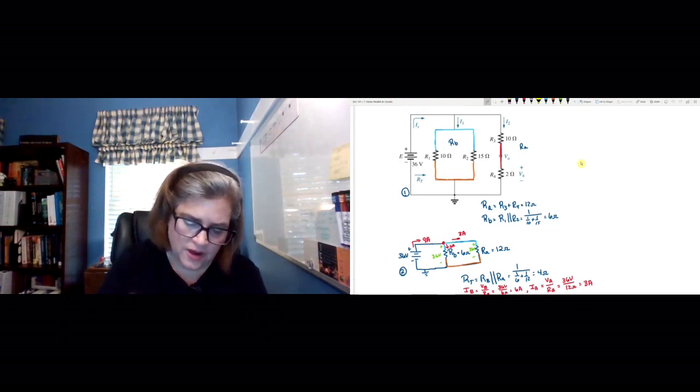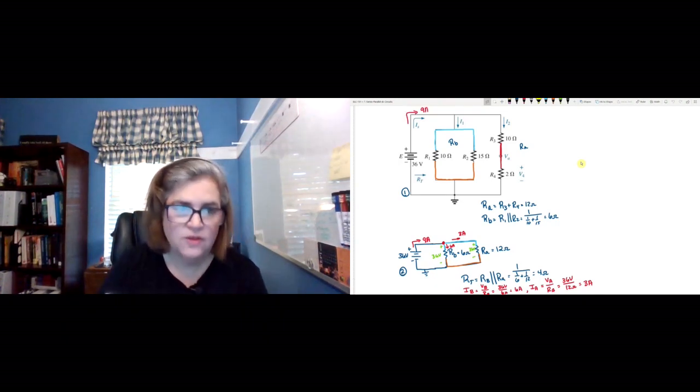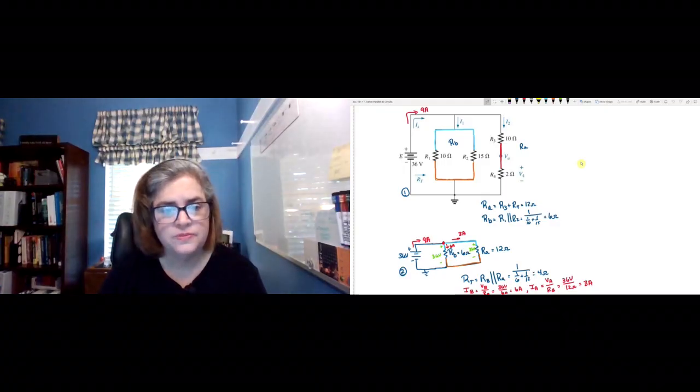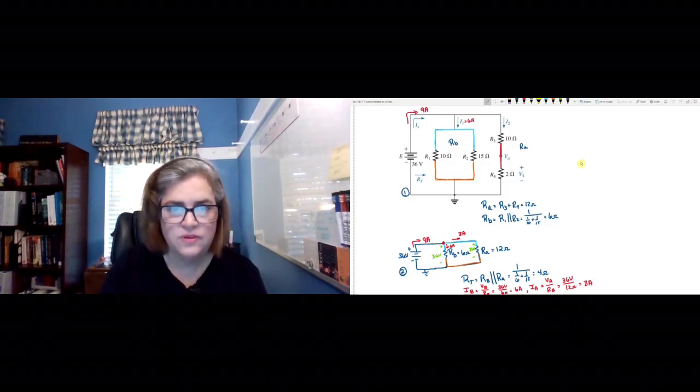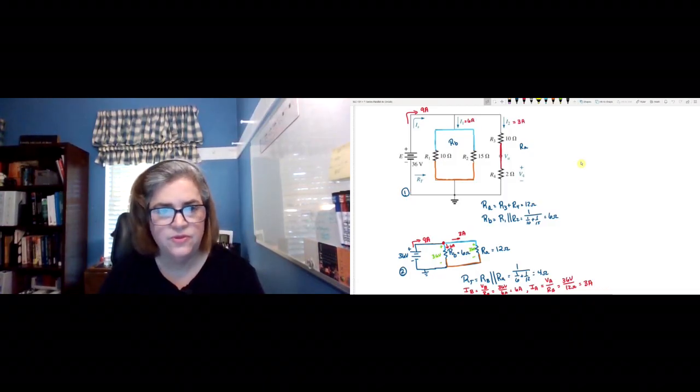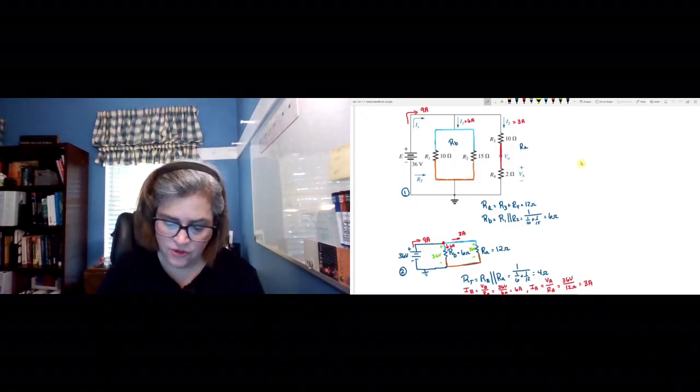So we know we've got 9 amps of current coming from the source. We also now know that this is 6 amps and that this is 3 amps. That's what we just found. Now, what would be the voltage drops across each of these resistors?